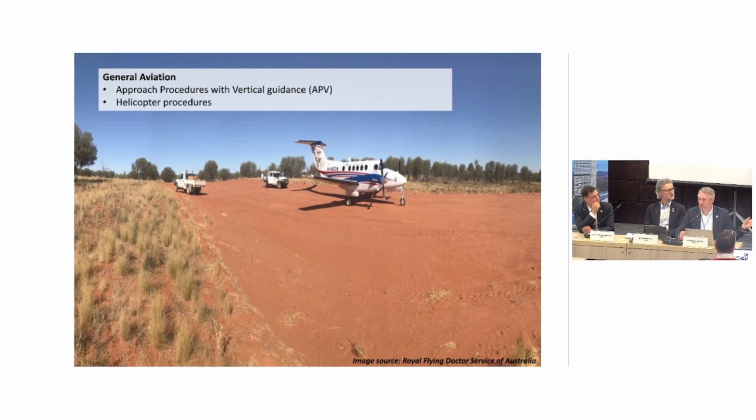So there's a Royal Flying Doctors Service that come in and land in areas where there's only small or dirt runways. We needed to make sure that we had the positioning technology to allow those small aircraft to come and land in those parts of Australia that previously they couldn't get access to. And that provided improved health outcomes for Australians.